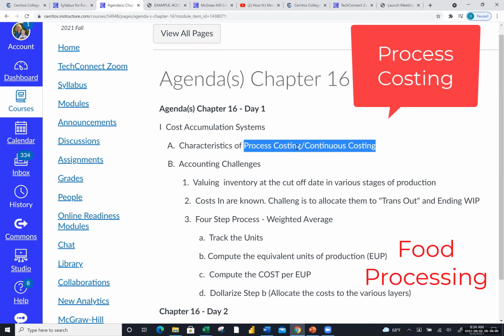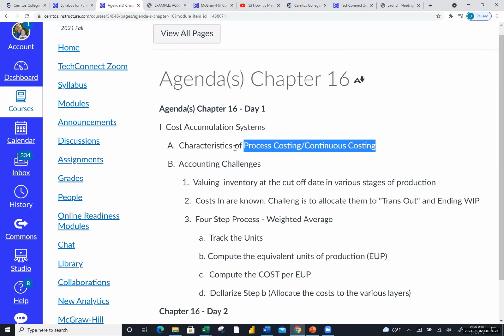Food processors use it. Down off the 405 freeway, we see an oil refinery that uses it. And in actuality, many companies use a hybrid of both. So we won't worry about hybrid costing systems. We'll leave that for the accounting majors. Right now, we're talking about our second major cost accumulation system.